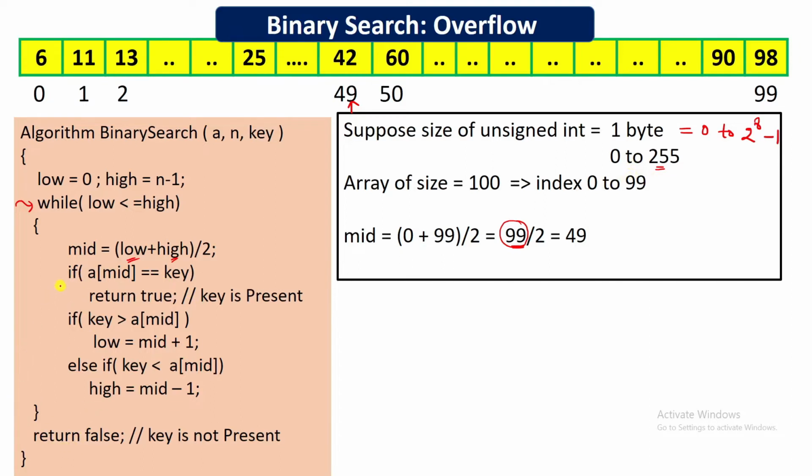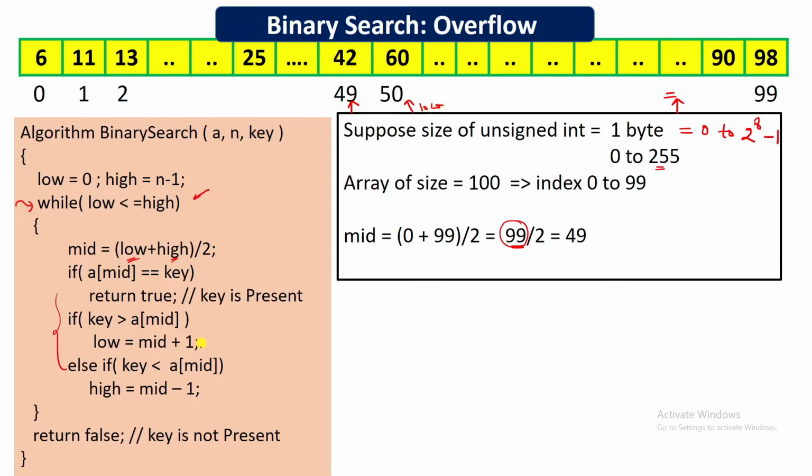Now next time, after running this code, when we come here, what will happen? Let's say the key element is lying somewhere here. After this execution, your low pointer will change. According to this code, the low pointer will come here.